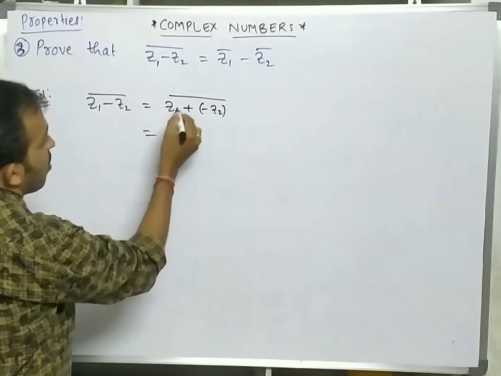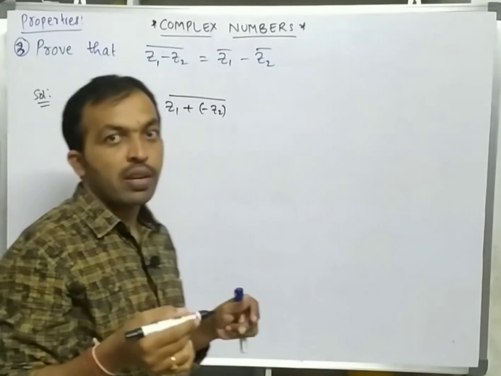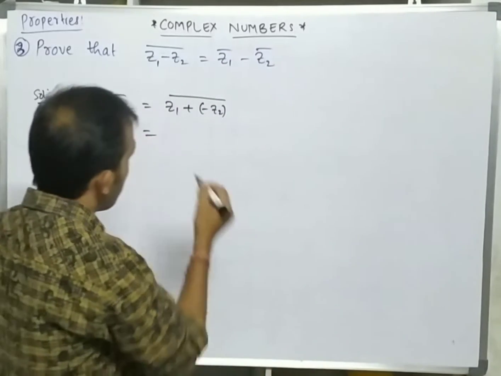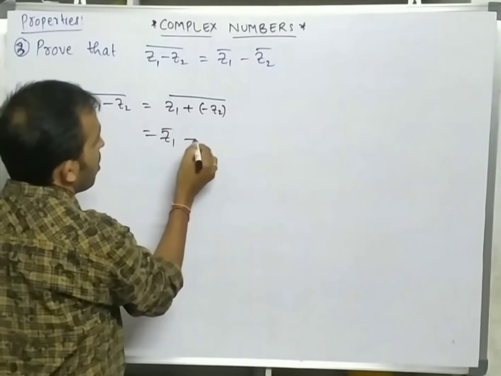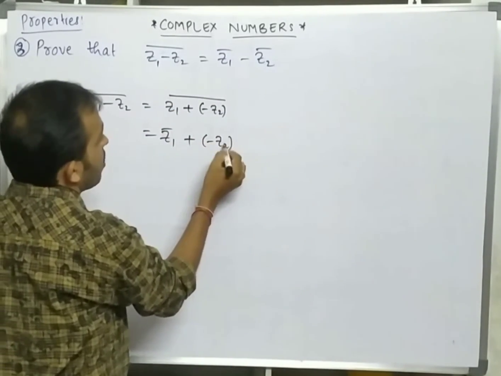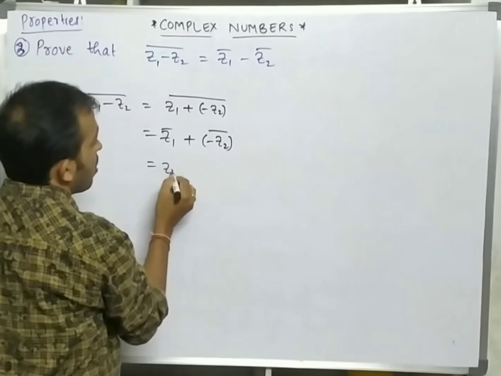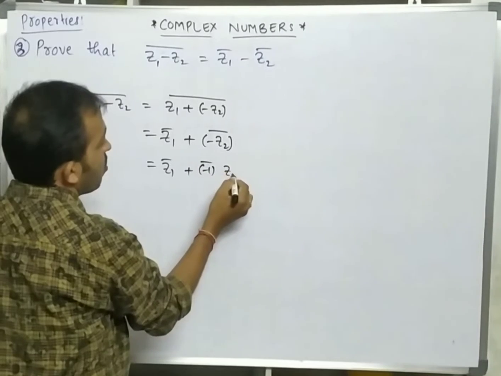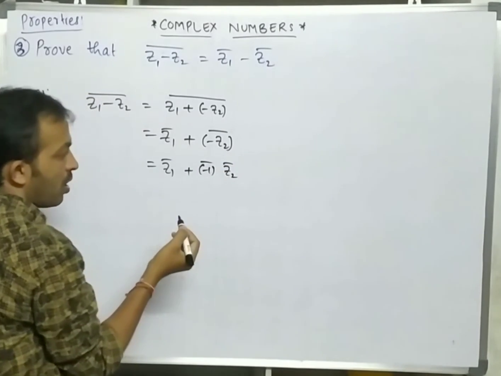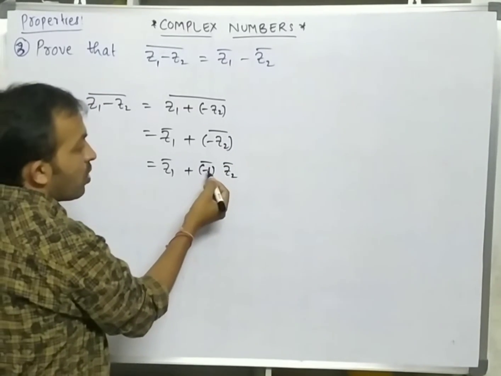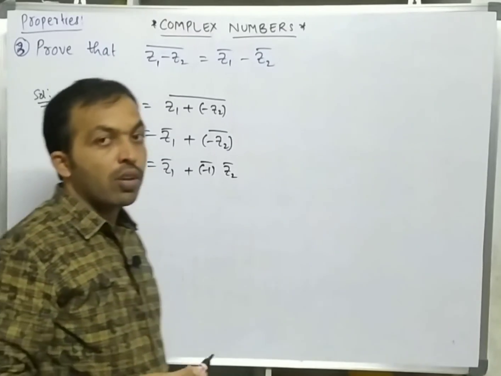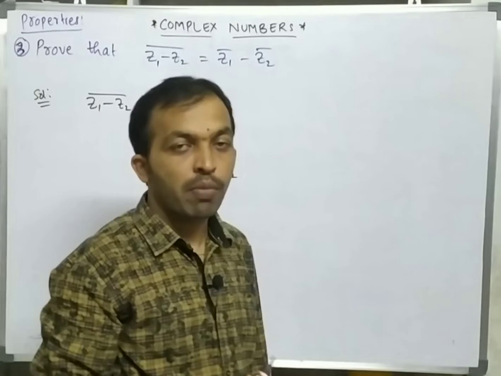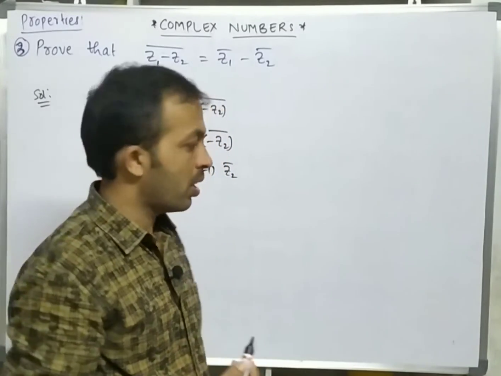So by applying the previous rule, that is conjugate of z1 plus z2 is equal to z1 bar plus z2 bar, here we get z1 bar plus conjugate of minus 1 into z2. Now the conjugate of any real number is itself, so the conjugate of minus 1 is minus 1 only.